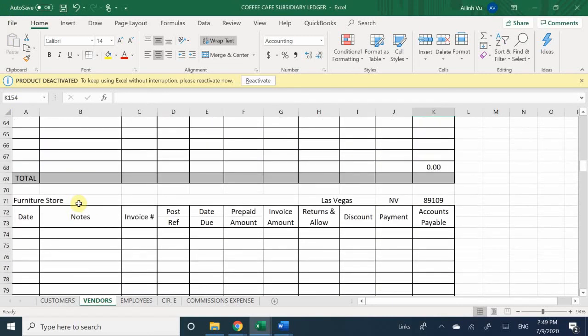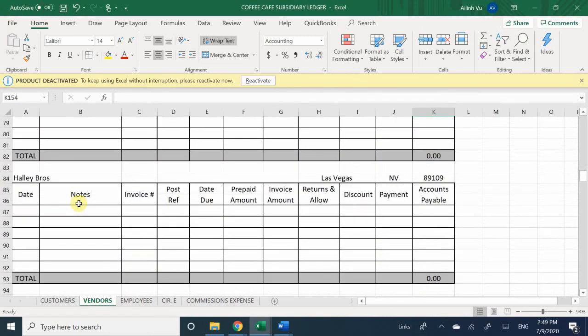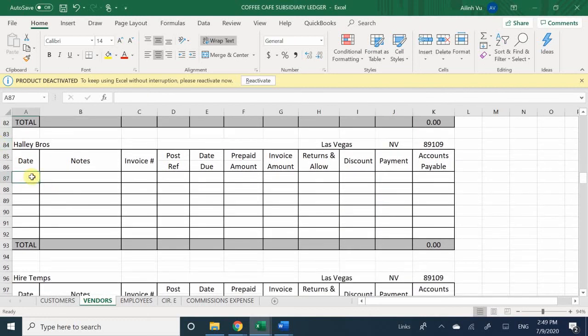Top of page 6. Okay, so here I'm going to go ahead and indicate the date. Okay, and then in this one, I'm going to go ahead and indicate a check number here, 1506, I believe it was.